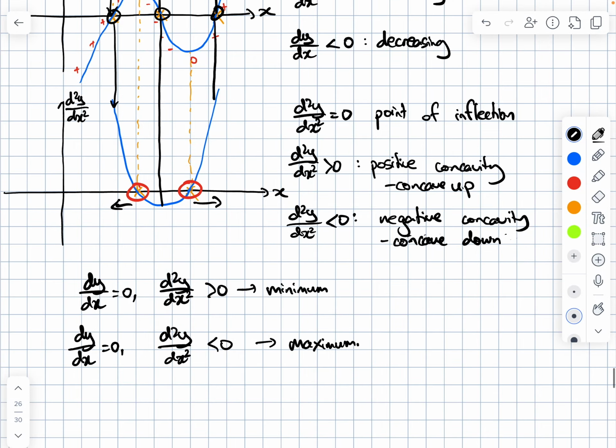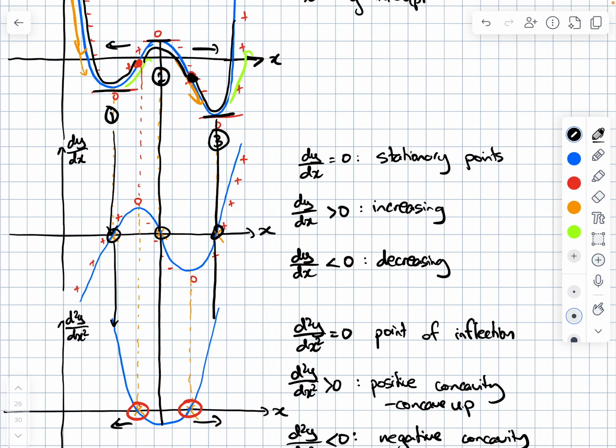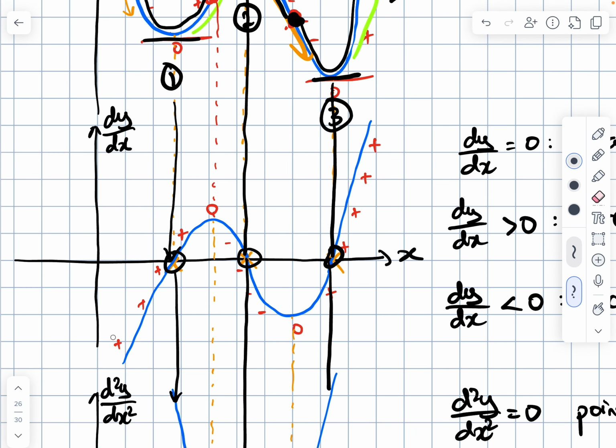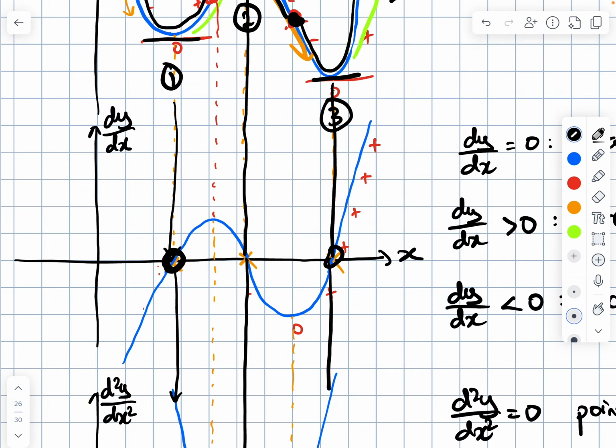Now you can also determine the nature of roots by looking at just the first derivative. On this side, at our stationary point, on the left-hand side, the gradient is negative, and on the right-hand side, the gradient is positive.